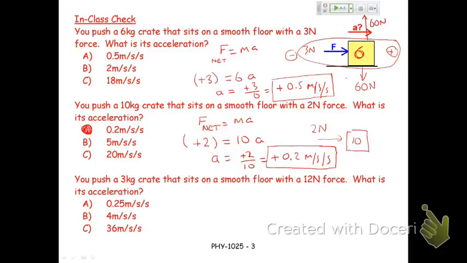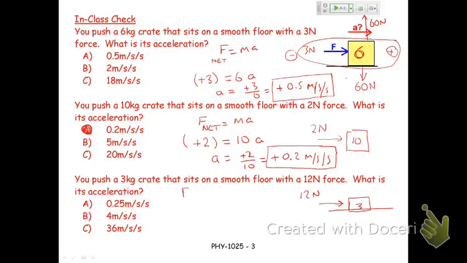Mainly A, good. And then: you push a 3 kilogram crate that sits on a smooth floor with 12 newtons of force. We did pretty well on the last one, so let's do this one together. It's a 3 kilogram crate, it's pushed with 12 newtons, and it's on a floor, so let's put the floor in.